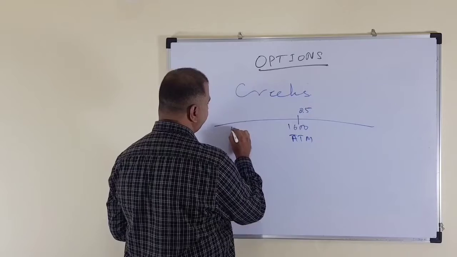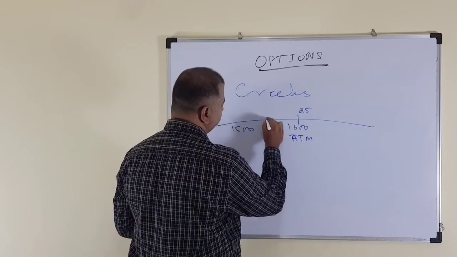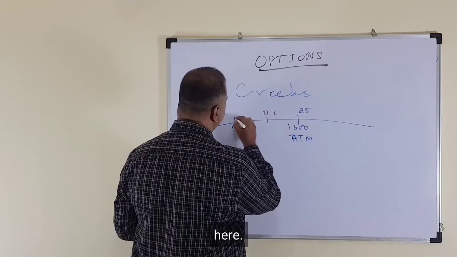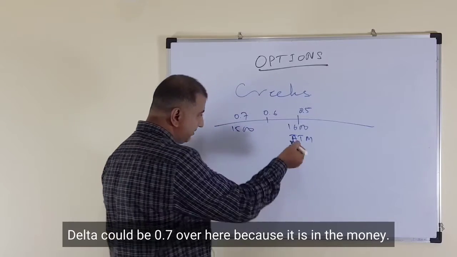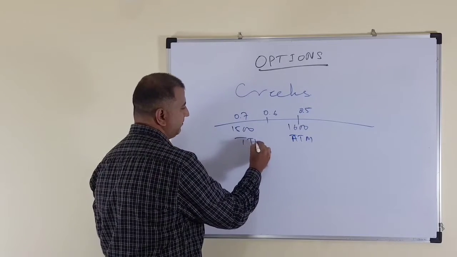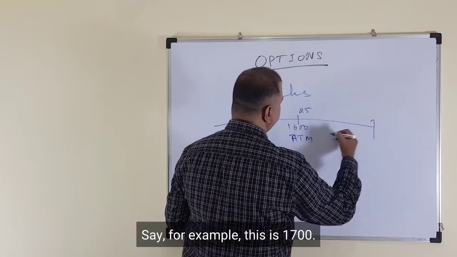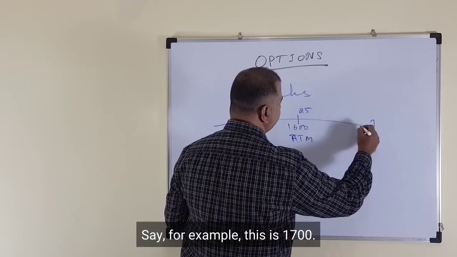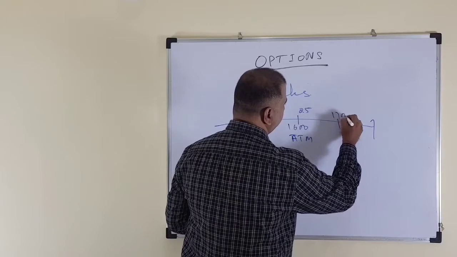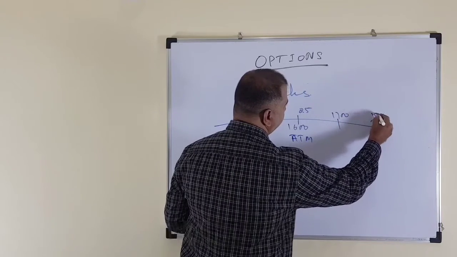and suppose here it is 1500. So delta could be 0.6 here, delta could be 0.7 over here, because it is in the money. And this is OTM. So for example, this is 1700, and say this is 1800, for example, we don't know.